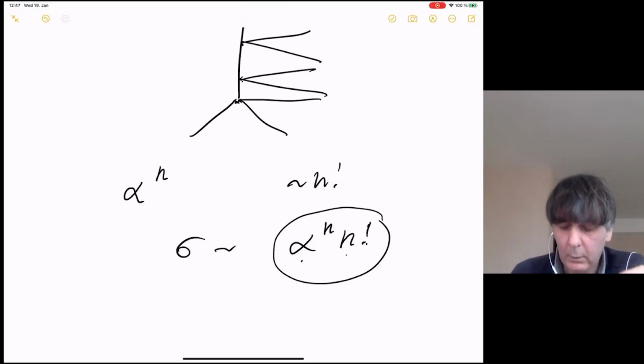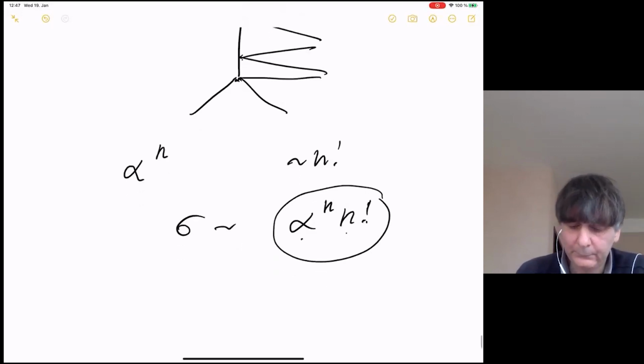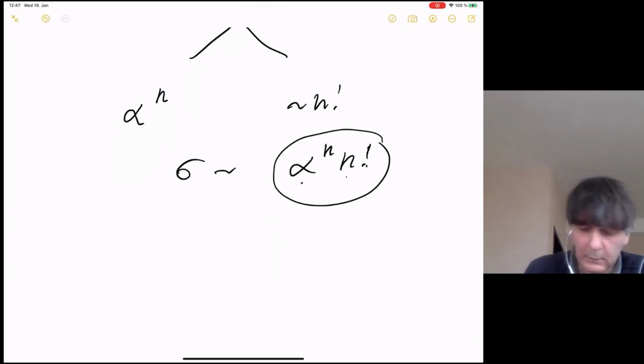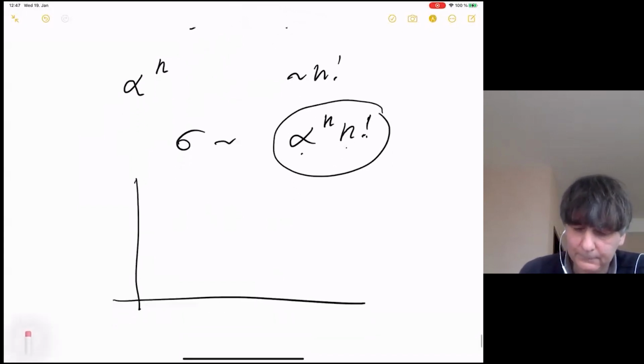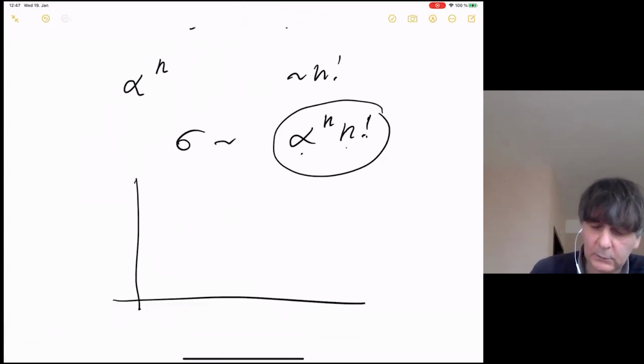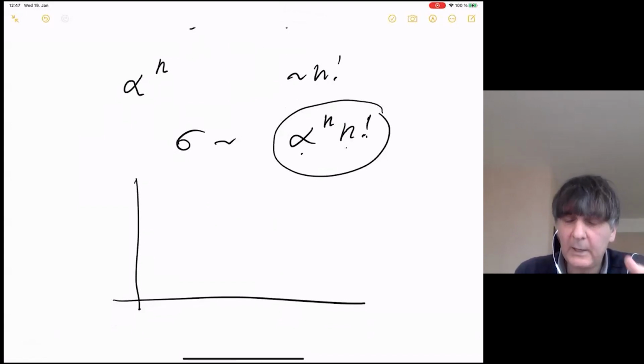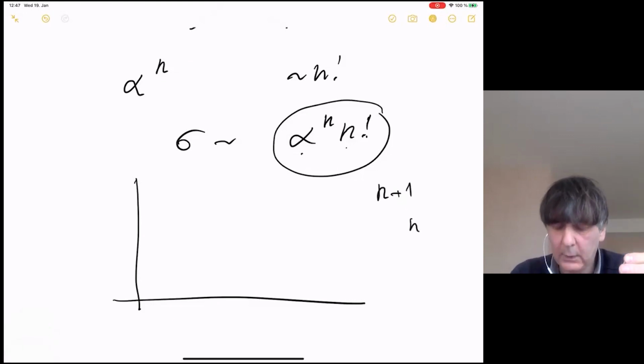Okay. Now, the caveat here is that we have to think in terms of an expansion in n. This expansion is valid as long as the next order term, alpha to the n plus 1 times the corresponding factorial, is less than the term at order n.